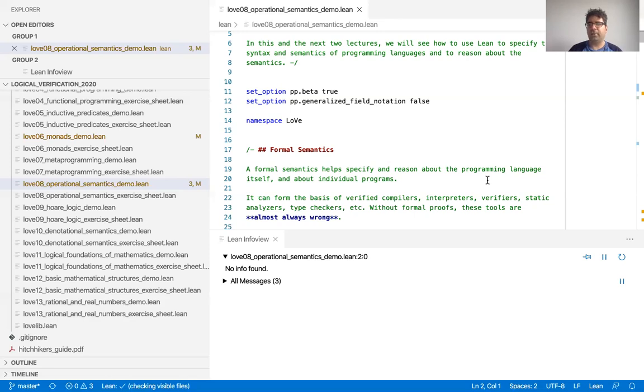companies like Airbus are required to do by the certification authorities. So the software that runs an airplane is not optimized, because that would be too risky. But with a formal semantics and a verified compiler and so on, then you can actually turn on the optimizations.